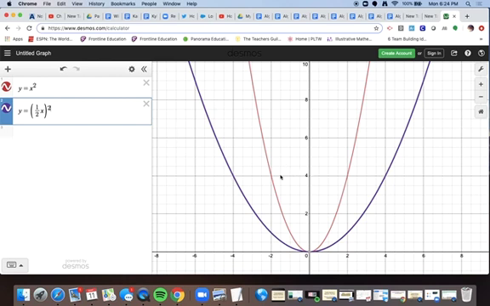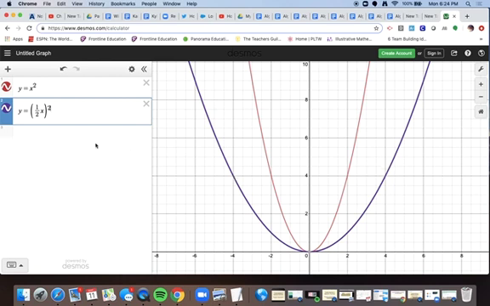The language they use is, I went from having this opening right here, looking at where y equals 4, and I have stretched it horizontally. Its horizontal distance is now longer. That's what they mean when they talk about stretching and compressing.